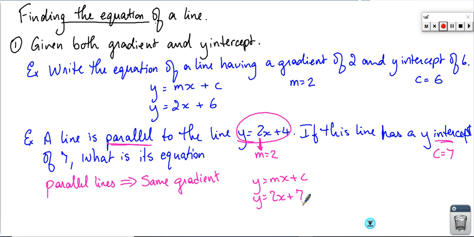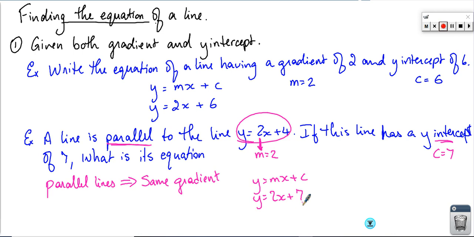So y equals 2x plus 7. Okay, so there we have another example where we were given the gradient hidden in the problem. Okay, it was not so straightforward as the other one. So that's the first one. We were given everything and we needed to find the equation.